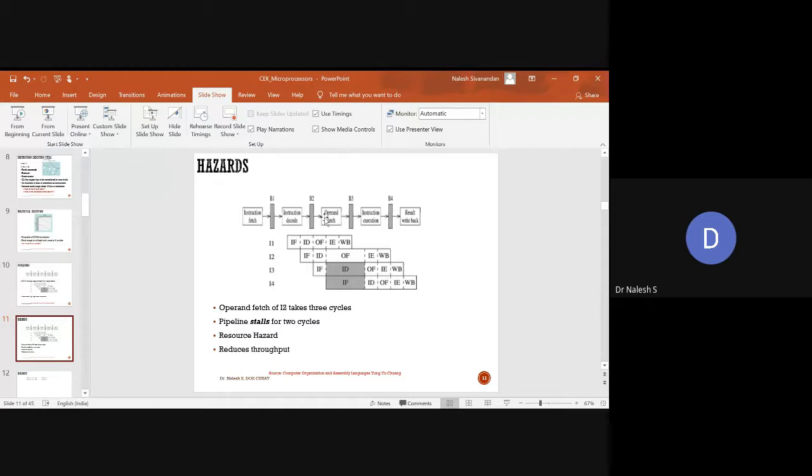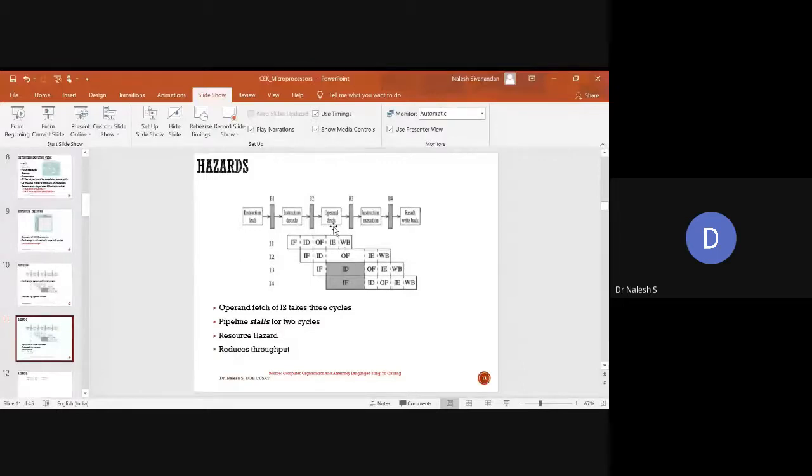So let's assume the fetch takes 3 cycles, but these stages take only one cycle.